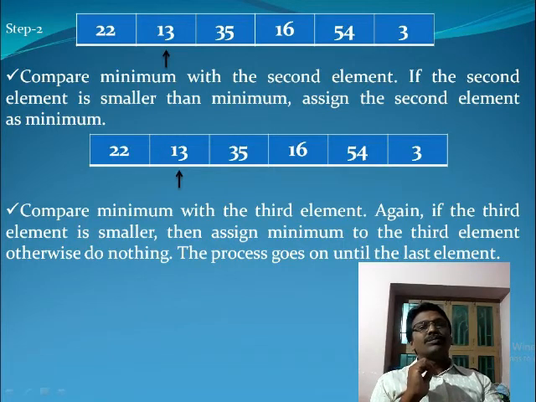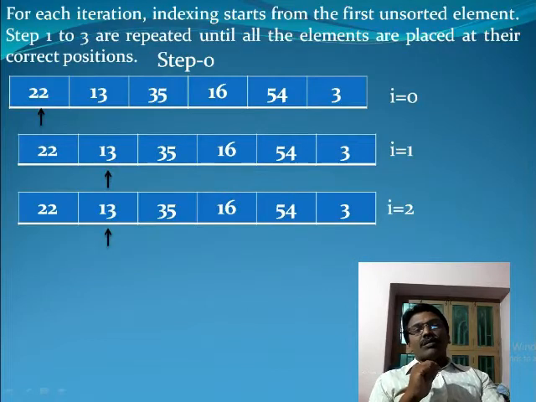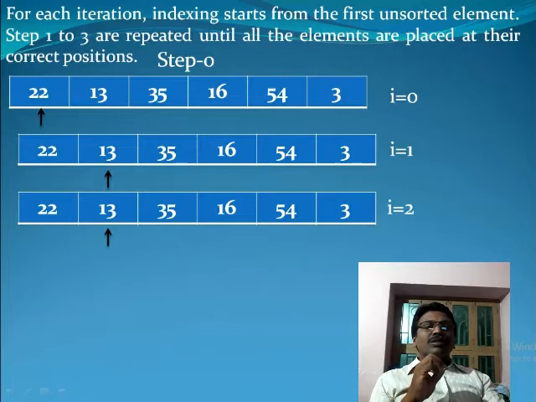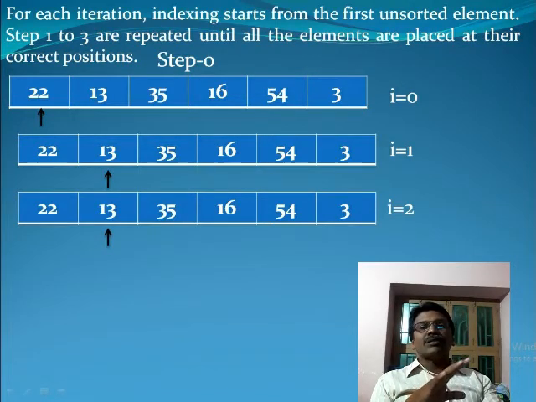Now, the same elements I am choosing: 22, 13, 35, 16, 54 and 3. I am choosing 6 elements. These are the unsorted elements.